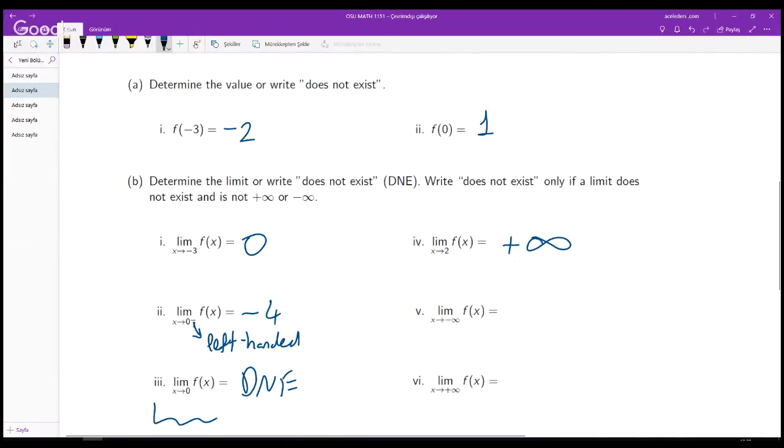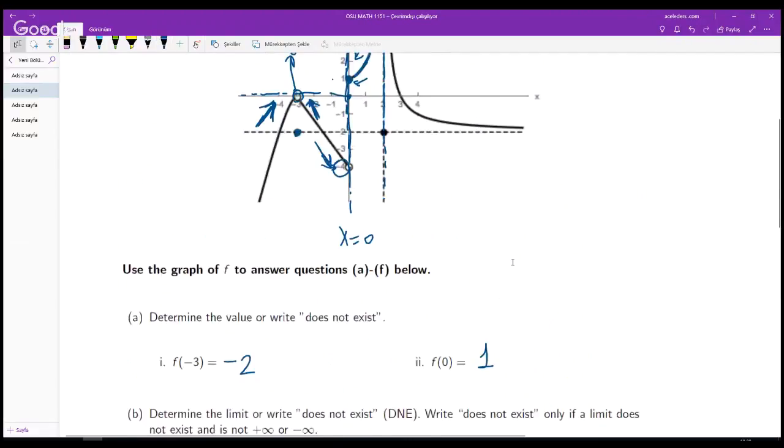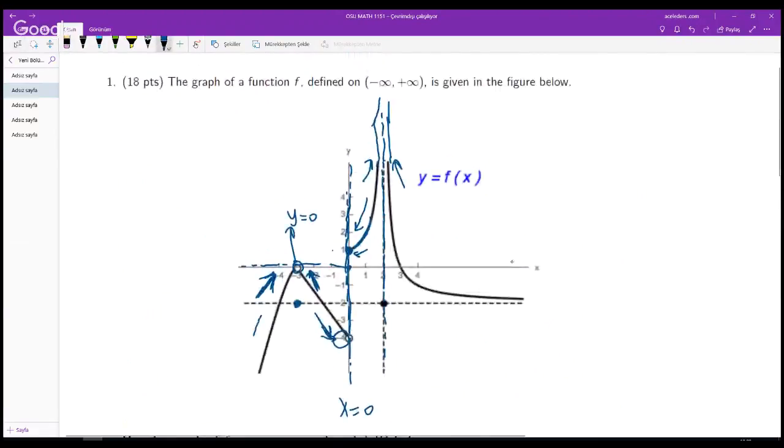Okay, so the next one, when x approaches negative infinity, the limit of f(x). So I follow x to negative infinity, and you see y goes to negative infinity as well.